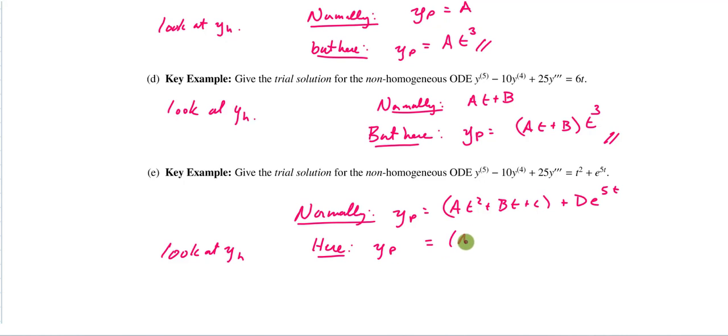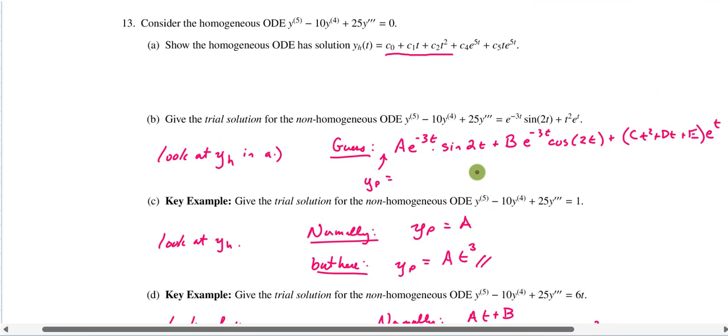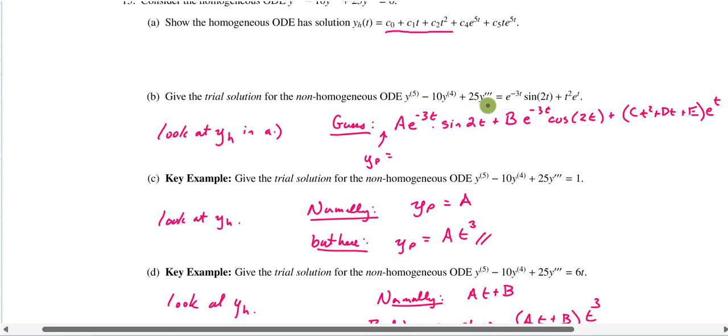So we'd have at squared plus bt plus c, and if I multiply it by a factor of t cubed, now all of the terms in this guess that correspond to the function t squared, now all of those terms clear the homogeneous family of solutions.